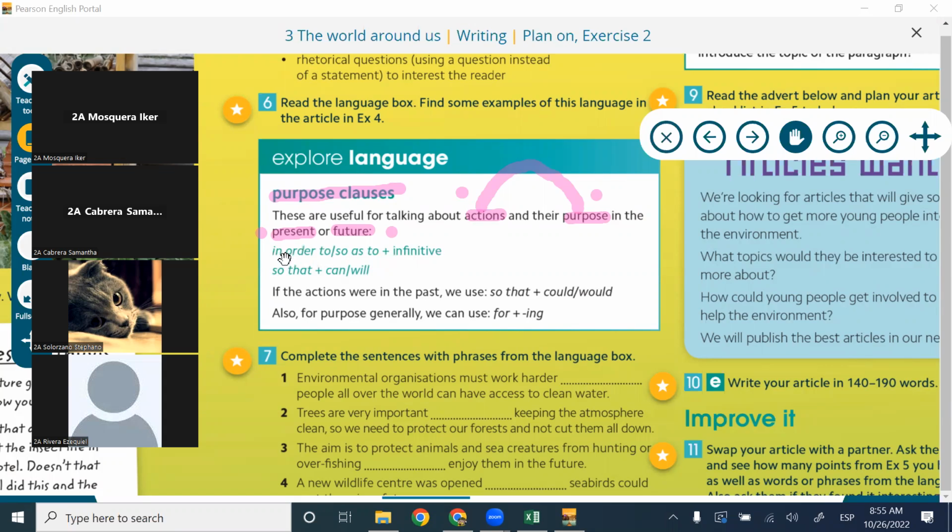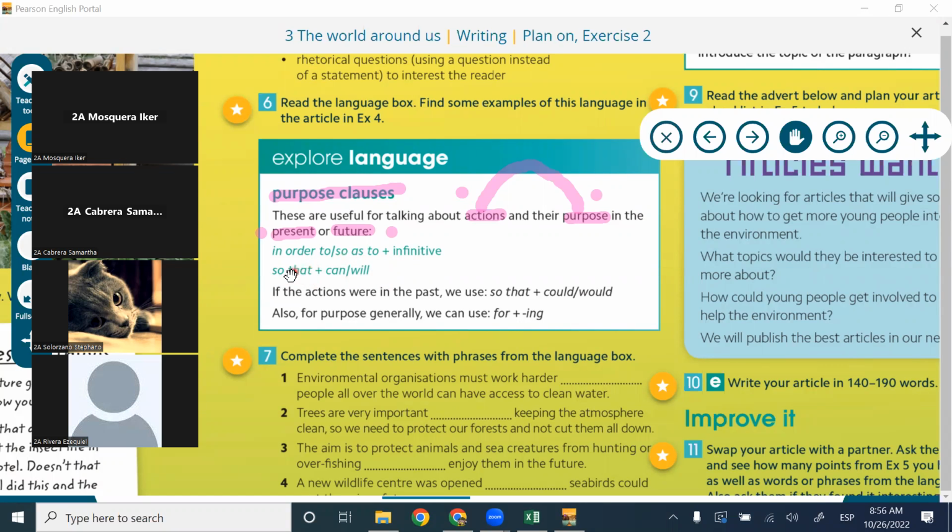If I am going to use in order to or so as to, I add an infinitive. This in order to or so as to implies that I am going to do something for this reason. In order to study. Okay, attention. You will be free today in order to study. You will be free today so that you study. In order to study, in order to do your homework, in order to or so as to plus an infinitive.